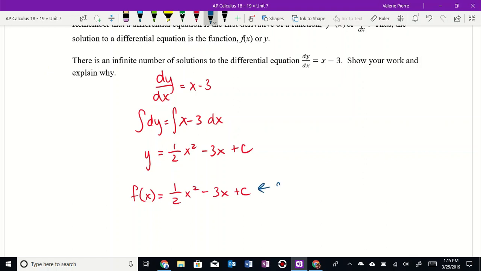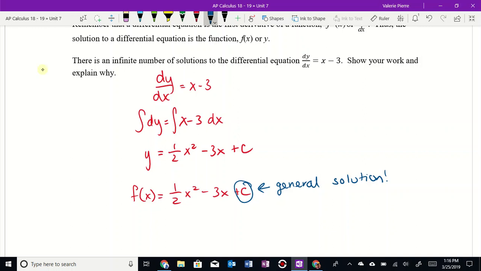So this is the general solution. And our general solution has infinite number of solutions because of c. C can be any number, which changes our function in many different ways, right?